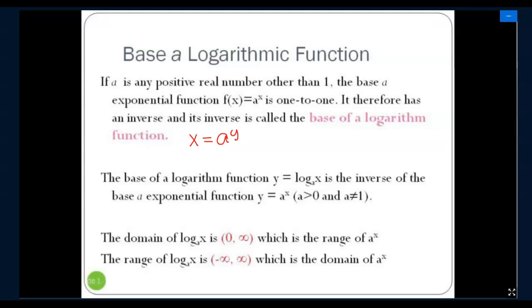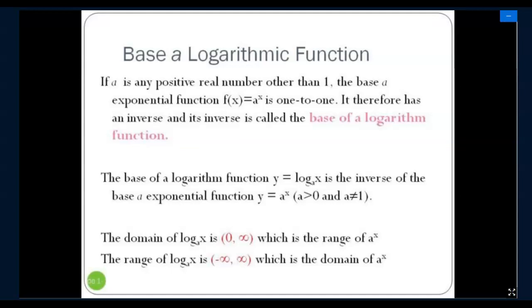Well, we know that we can rearrange or get that y away by multiplying both sides by 1 to the y. But that doesn't help me because I can't solve for an exponent of 1 to the y. And that's where the idea of a logarithm comes into play.